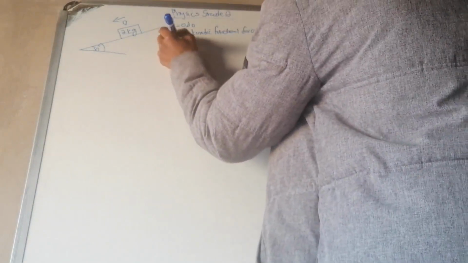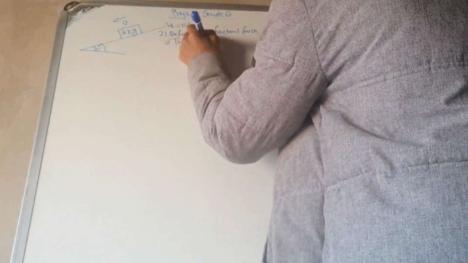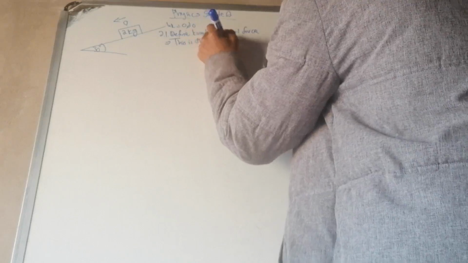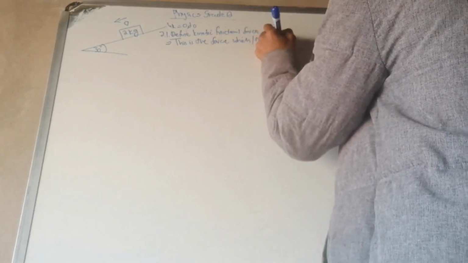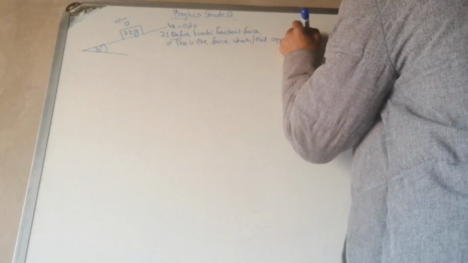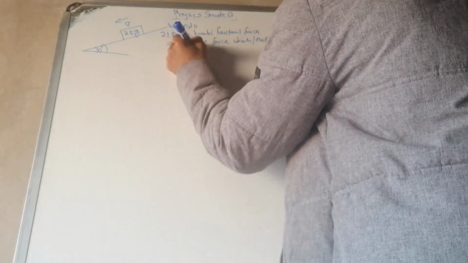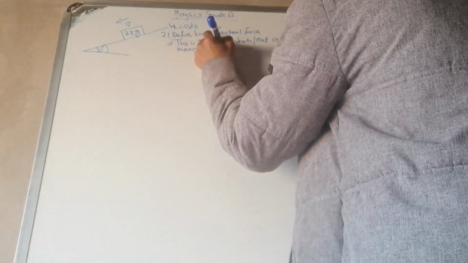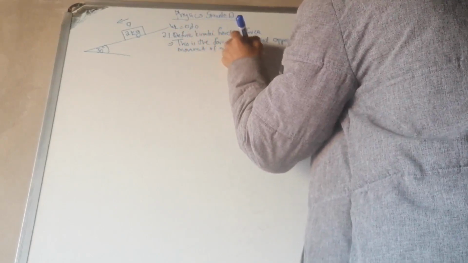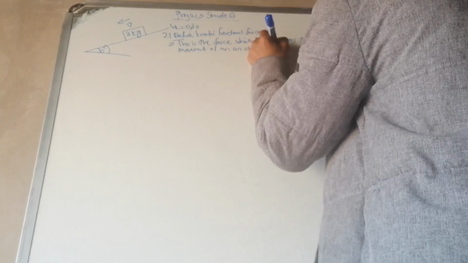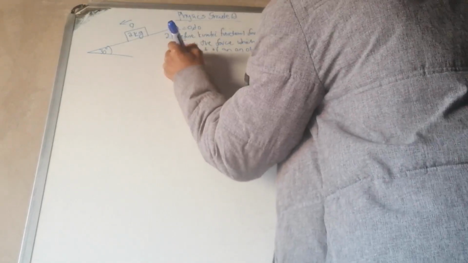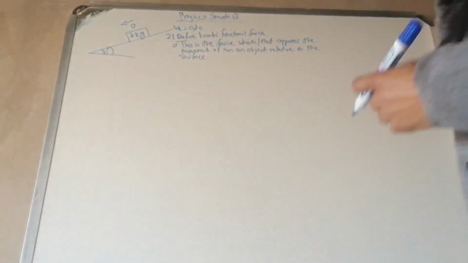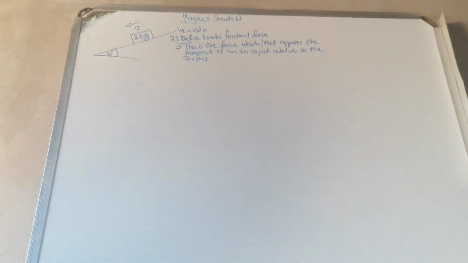We can say that this is the force which opposes the movement of an object relative to the surface. So this is one way of defining exactly what kinetic friction is.